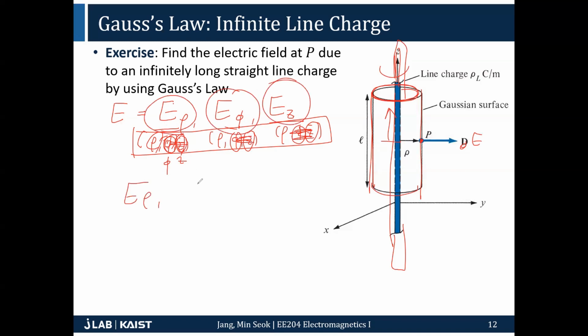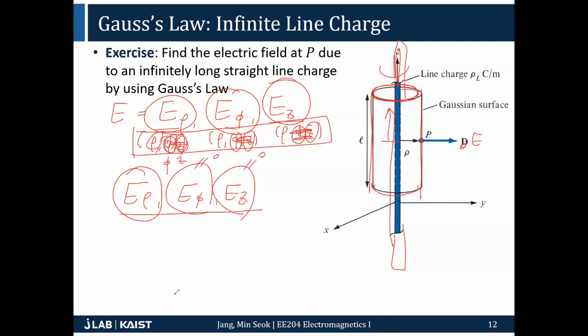So E rho, E phi, and Ez. Which component is possible? And which component is not possible? I guess you already know the answer, right? E rho is the only possible non-zero component, and E phi and Ez are zeros.